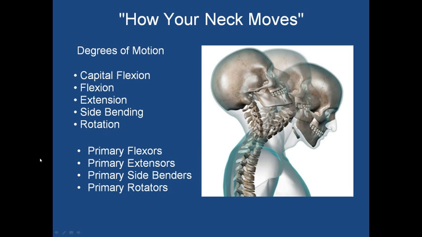And just a little bit more on the disc. You can think of the disc as the shock absorber of the spine. In between each vertebra you have this disc that, especially when you're standing or in weight bearing, is compressed. That's what gives you the cushioning in between your vertebrae, so that your vertebral bodies are not compressing on each other.